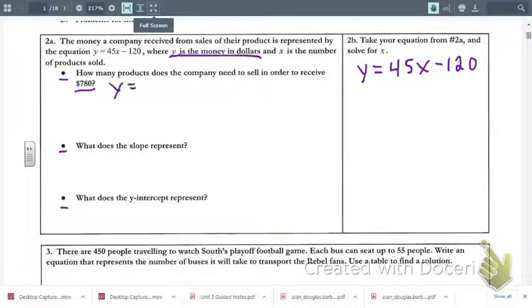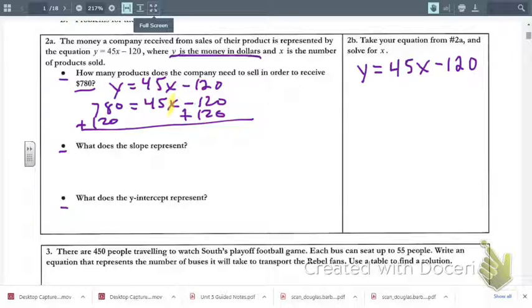So we have y equals 45x minus 120. Substitute 780 in for y. Okay, and now we solve for x. So we got to get x by itself. So in order to do that, we first are going to add 120 to both sides.